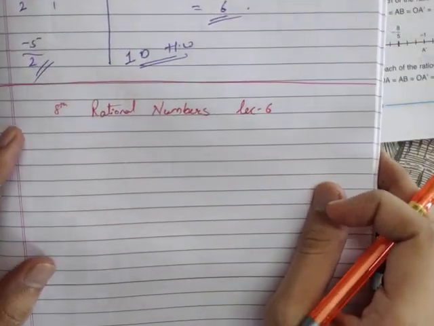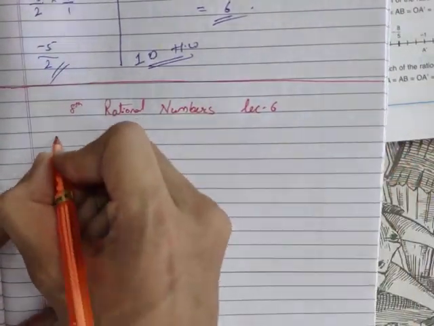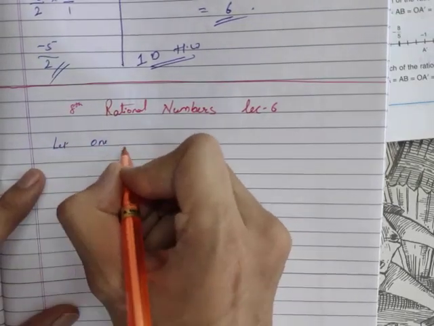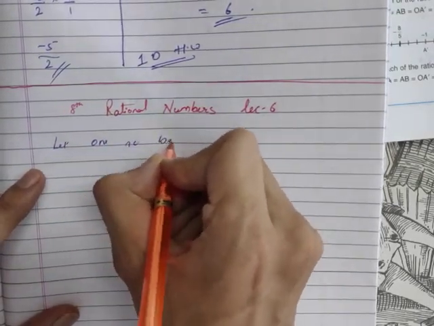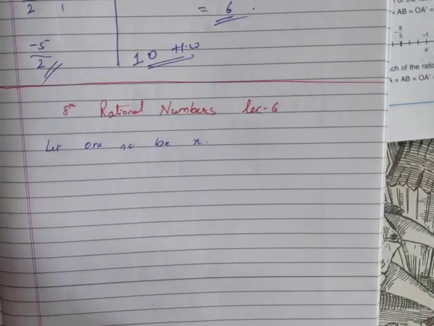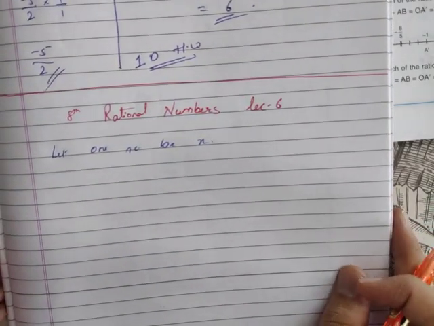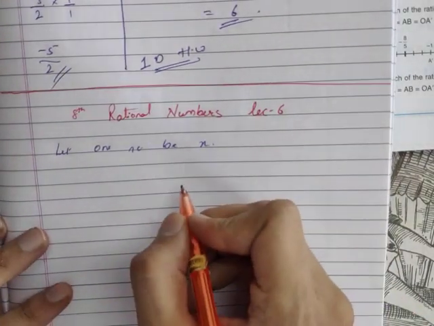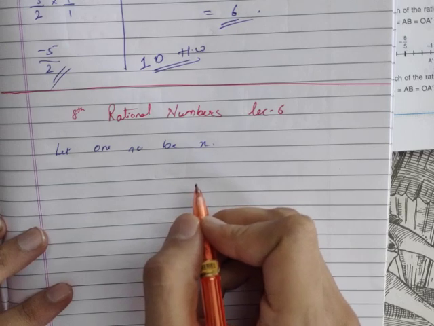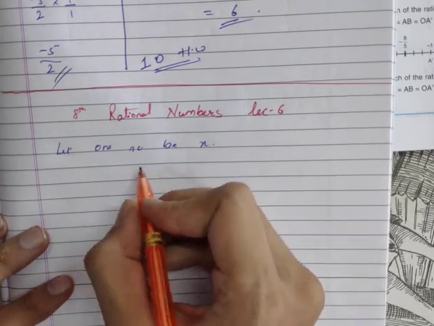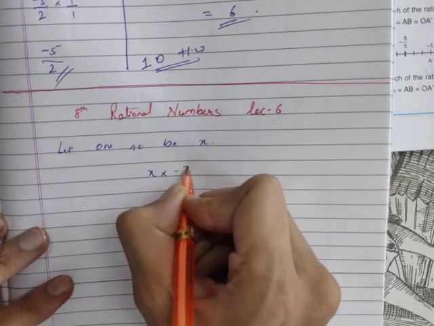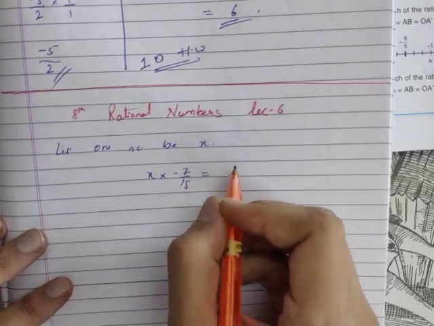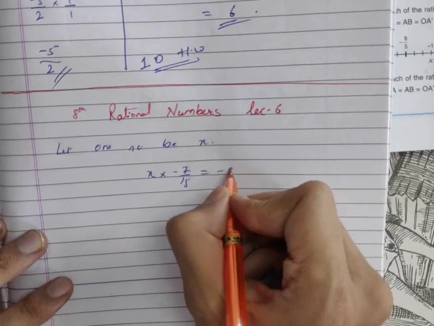Okay, so step 1, what I will write is, let one number be x. Am I right? Now, if one number is x, the other he has given is minus 7 by 15. So, x into minus 7 by 15 equals, and he says the product is minus 5, so this is minus 5.